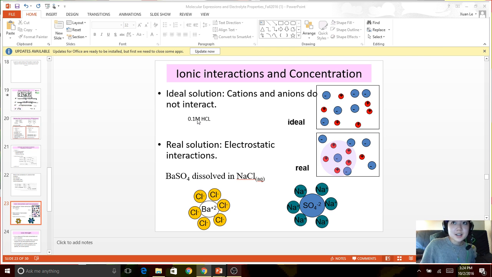But usually this is not the case in real situations, because ions are going to interact with each other. In this picture below, we see that barium is interacting with chloride ions, and sodium over here is interacting with the sulfate ions, and these interactions are going to reduce the effective concentration.